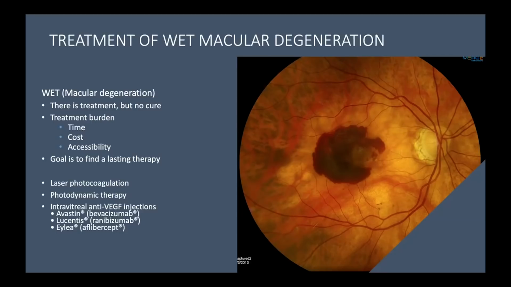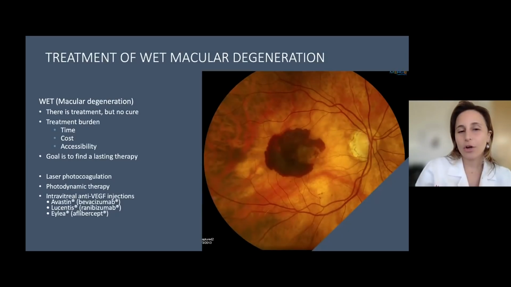And so anti-VEGF injections have really revolutionized the care of macular degeneration, one of the great success stories of modern medicine. Anti-VEGF means anti-vascular endothelial growth factor. So they target and block a growth factor that circulates within the eye during macular degeneration.